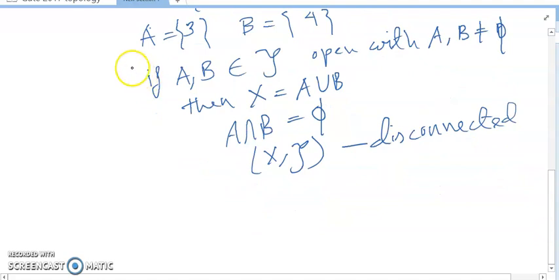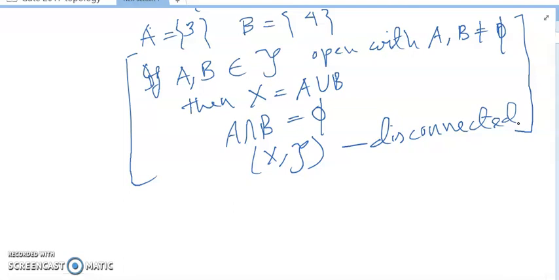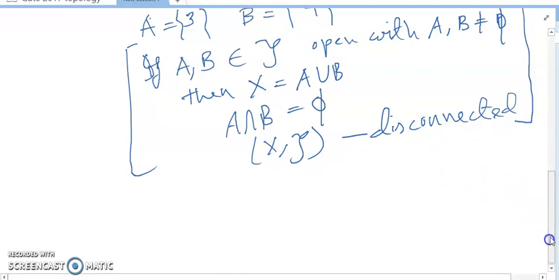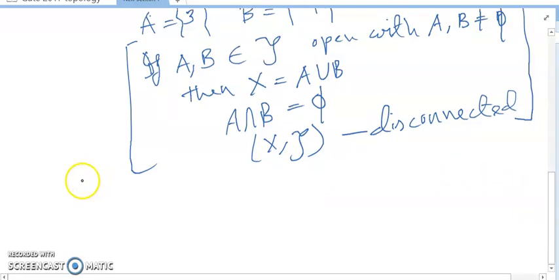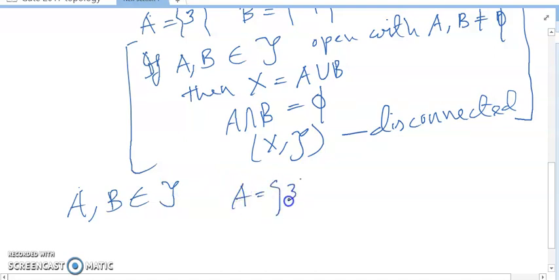Now friends, it is very important and you have to remember this topic: if A, B belong to tau, then it is disconnected. Now A equals 3 belongs to tau, open.